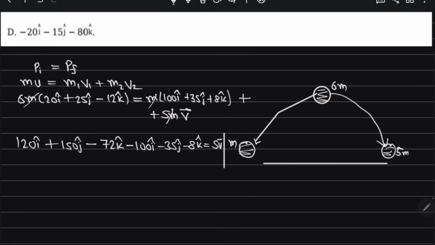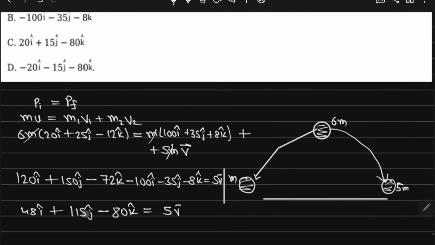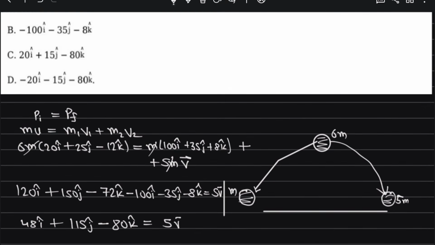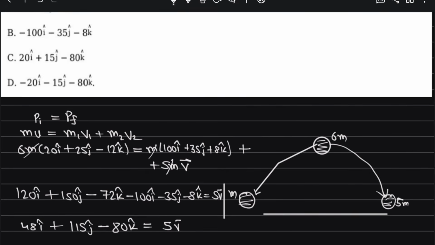So this is 120 minus 72, this comes out to be 48 i cap, 150 minus 35, 150 j cap, minus 80 k cap, is equal to 5V vector. Any mistake?